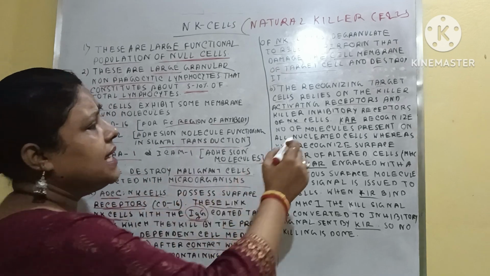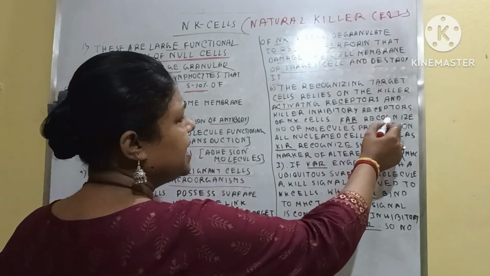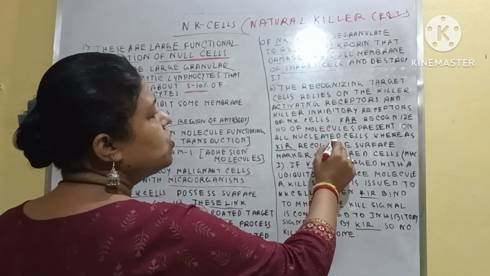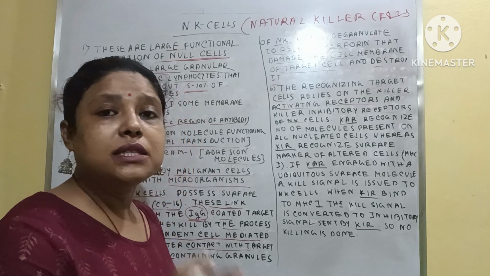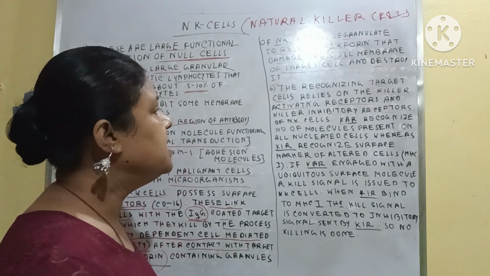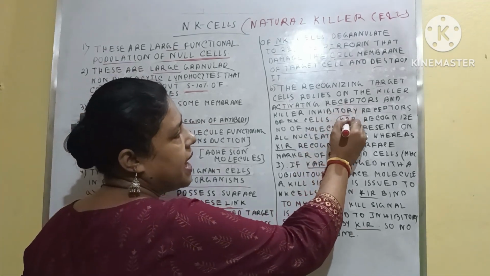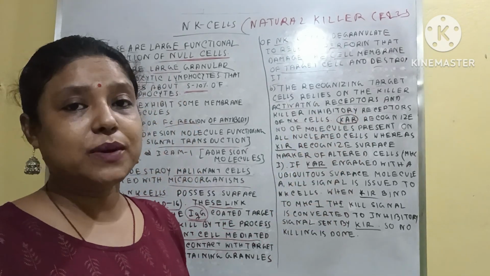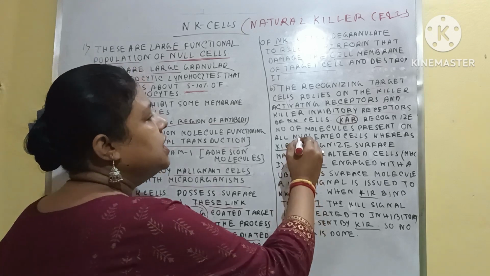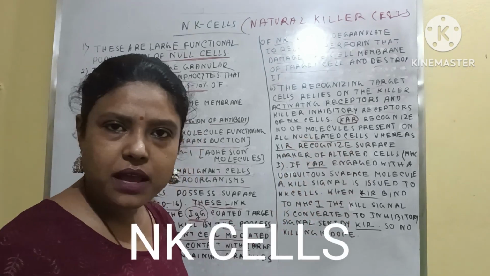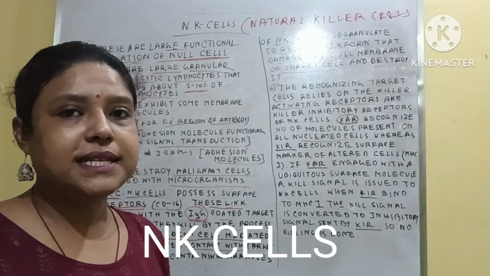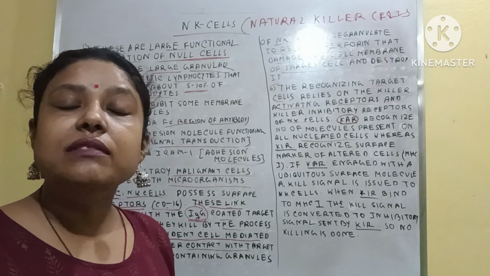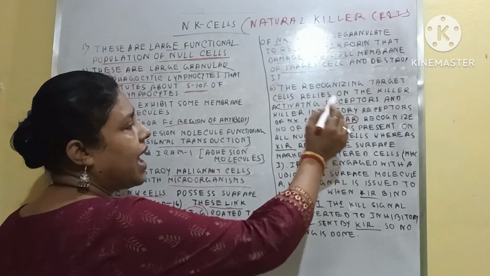So the killer activating receptor, KAR, recognizes a number of molecules present on nucleated cells. If any foreign particles or molecules are present on the nucleated cell, they are recognized by the KAR.